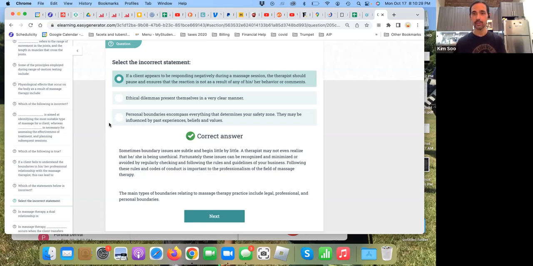Let's read the explanation. Maybe it'll help us. Sometimes boundary issues are subtle and begin little by little. A therapist may not even realize that he or she is being unethical.